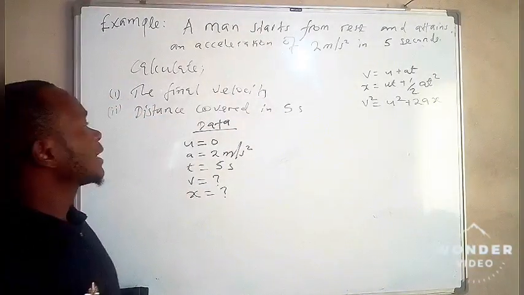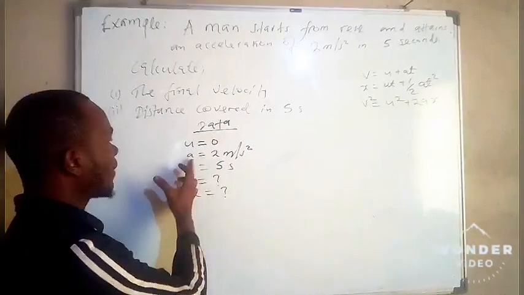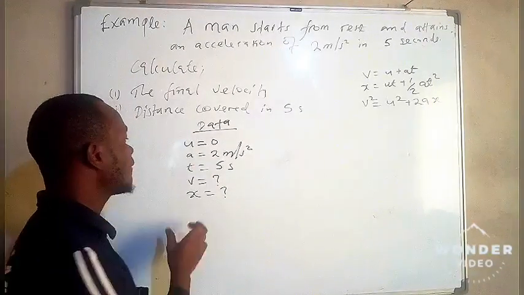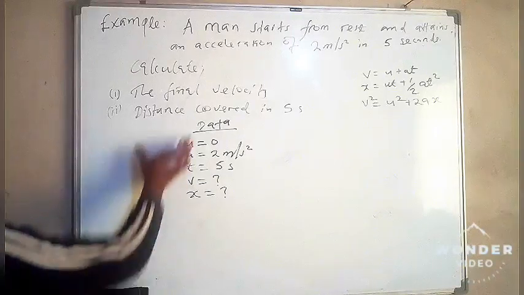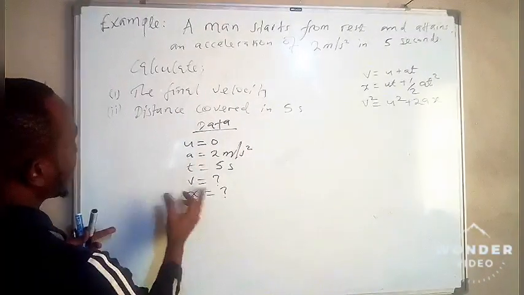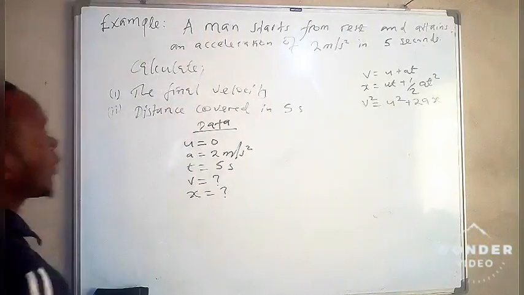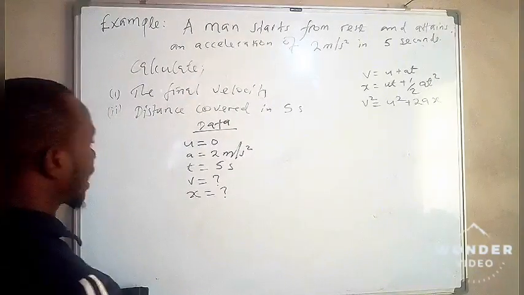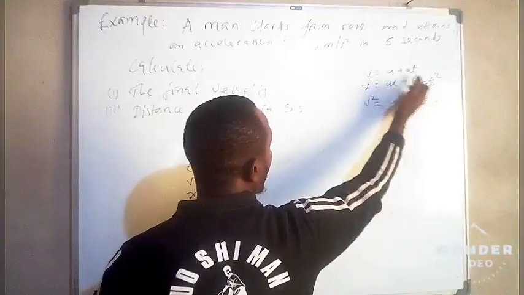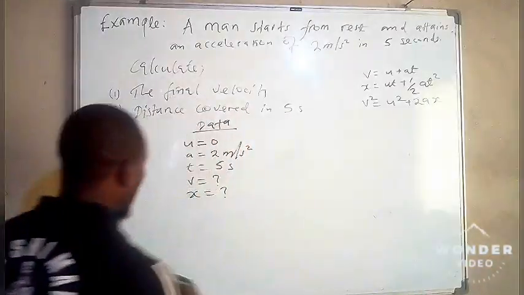In this case, we've been given u, a, and t. What we don't have is simply the final velocity in the first part. So we are going to make use of the first equation, since we have u, we have a, we have t.